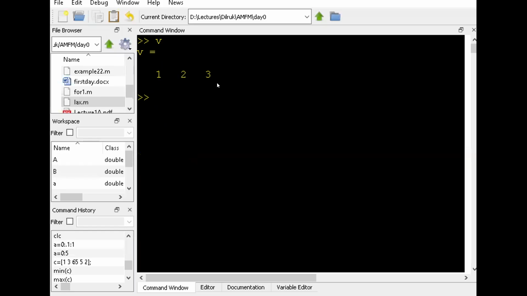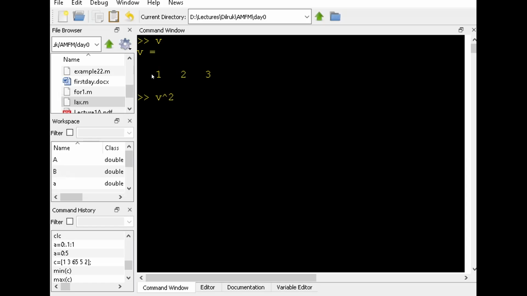So how do you find that? v squared. If you type in this way, I want to see 1 squared, 2 squared, 3 squared.